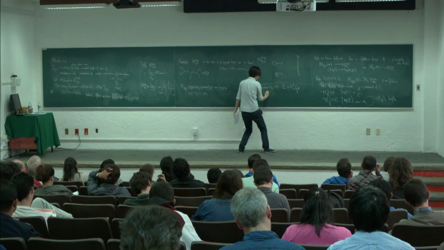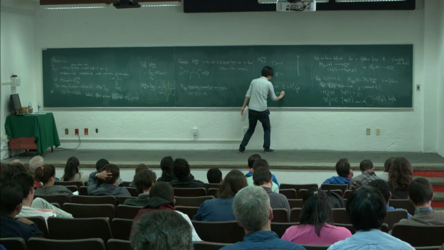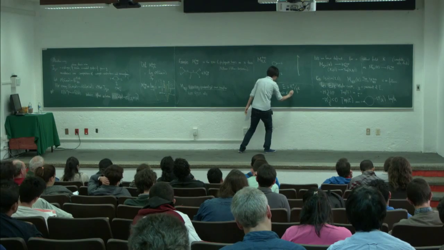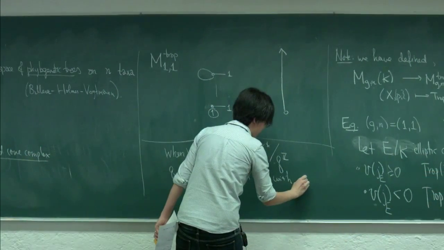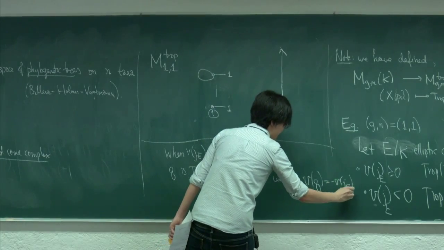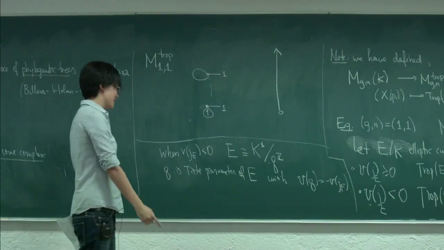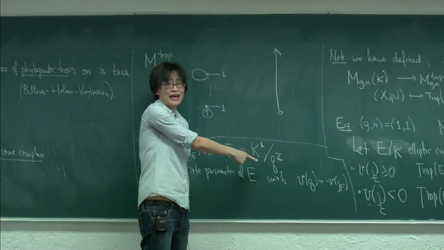Here q is called the Tate parameter of E, which happens to have the property that the valuation of q is minus the valuation of the j-invariant. So this is the Tate uniformization of a non-Archimedean elliptic curve.